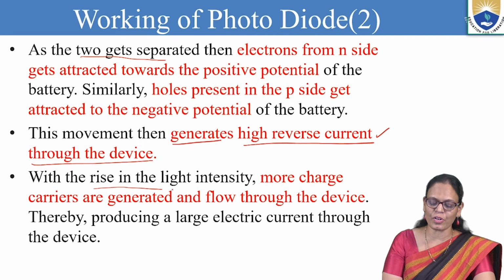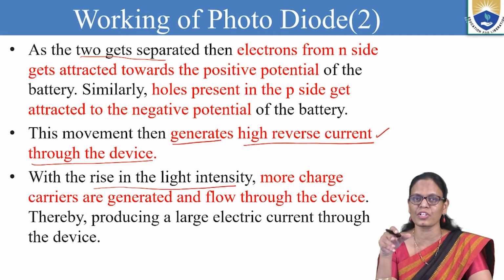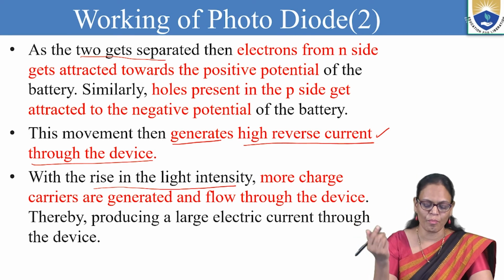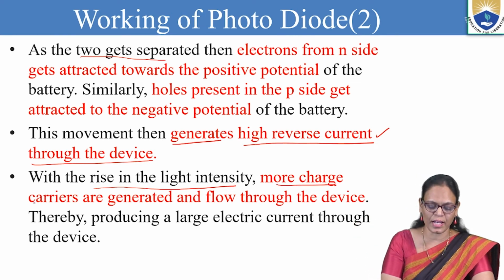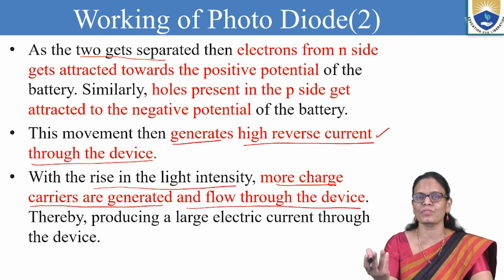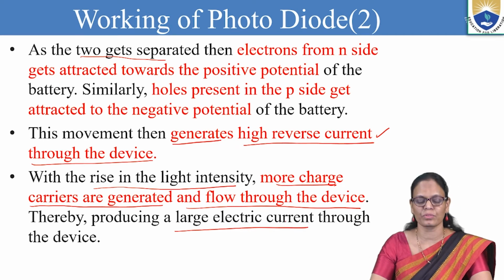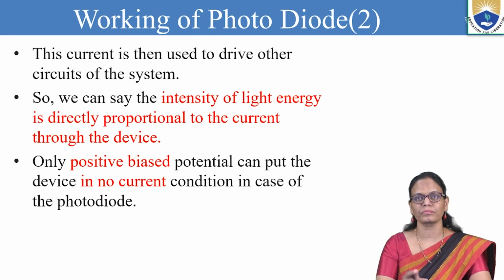And when the intensity of the light increases, meaning the amount of light that falls on the junction diode is increased, more and more charge carriers are generated. So there will be more electrons and more holes, because of which there will be a large current through the device.